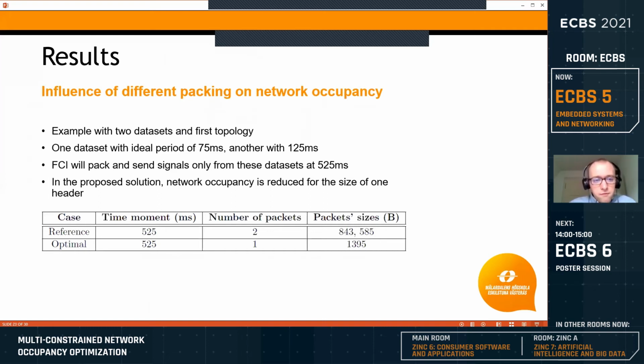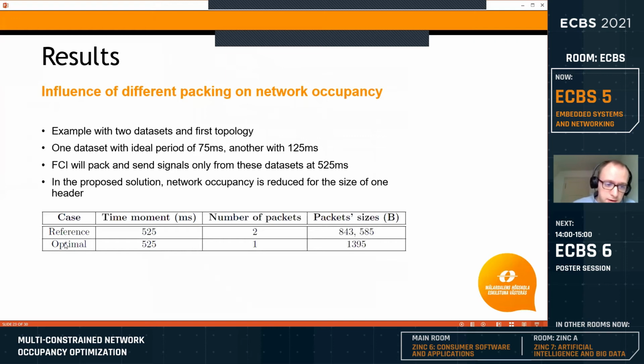Regarding the results, first we investigate the influence of different packing on network occupancy. Here is shown one example from our results. Let's say we have 2 data sets with different ideal reading periods, and we calculate the reading period or the packing time in which they will be packed together, at the same time.